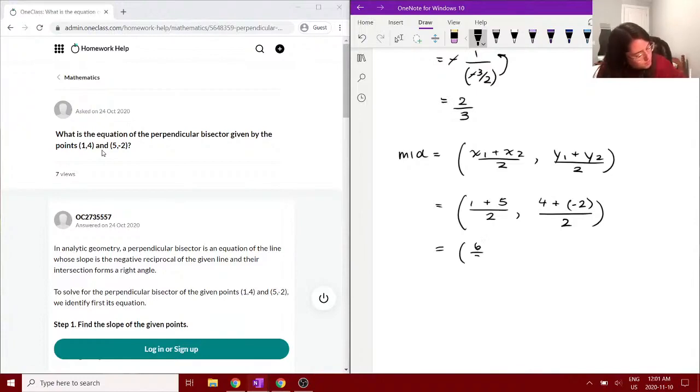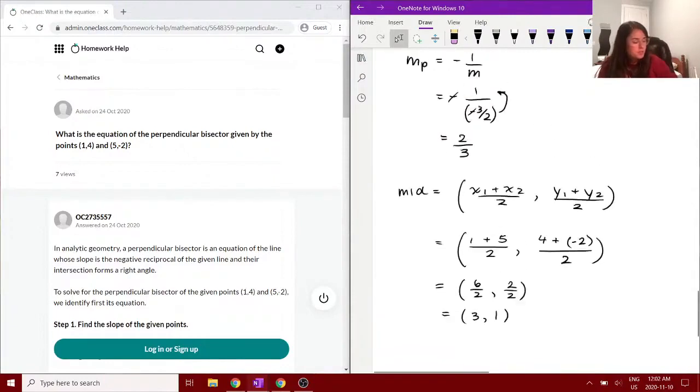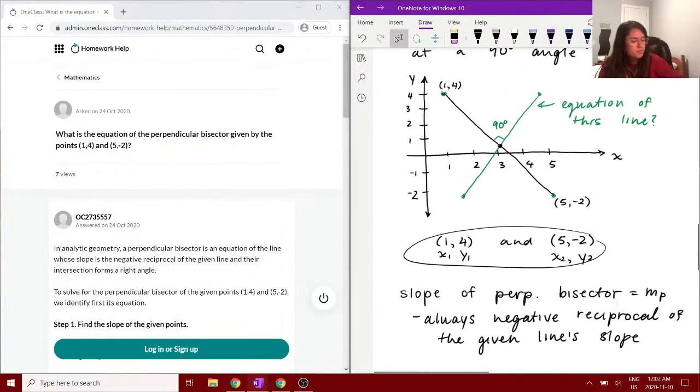We have 6 over 2 and 2 over 2, which gives 3, 1. So our midpoint is (3, 1), the value of this point here.